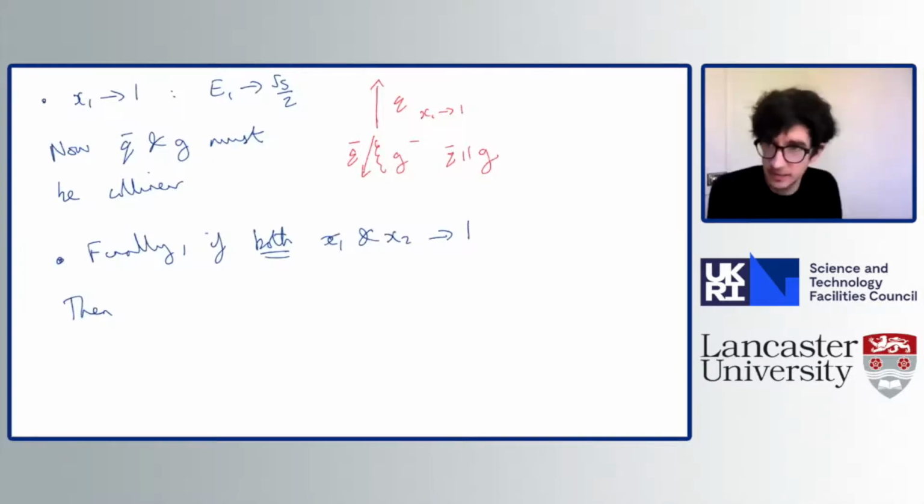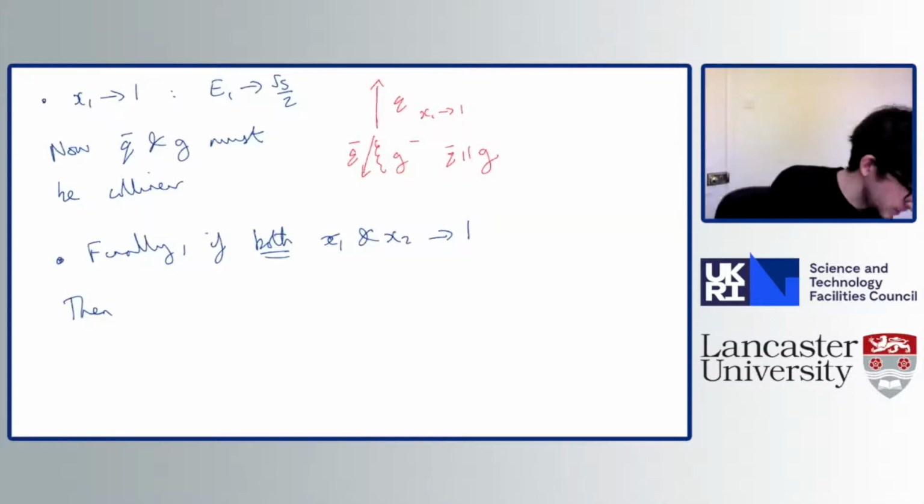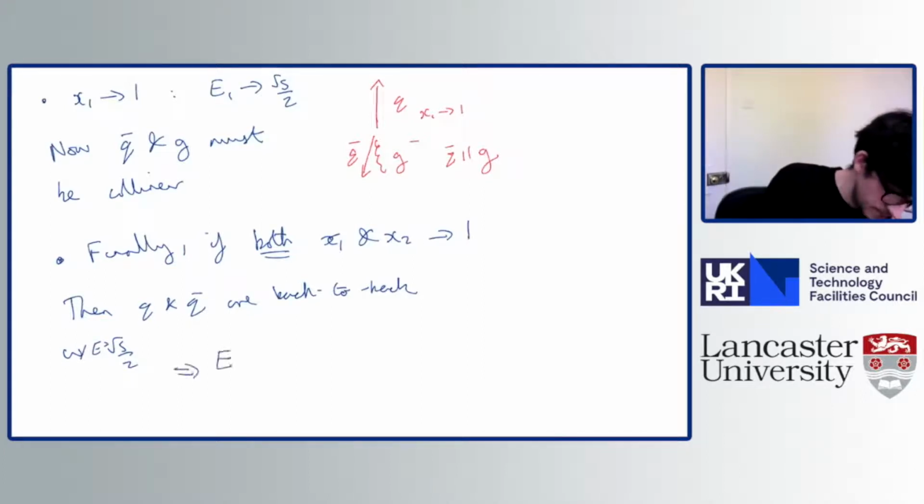And so the only way that can happen is if the gluon's energy goes to 0. Therefore, the energy of the gluon has to go to 0 for that to happen.